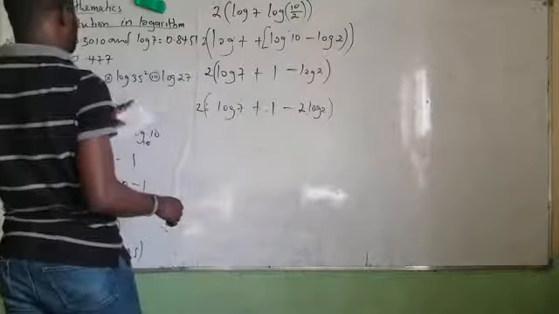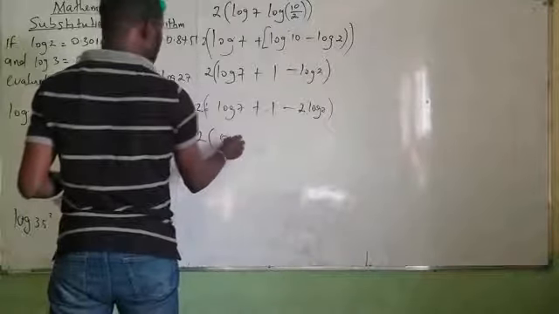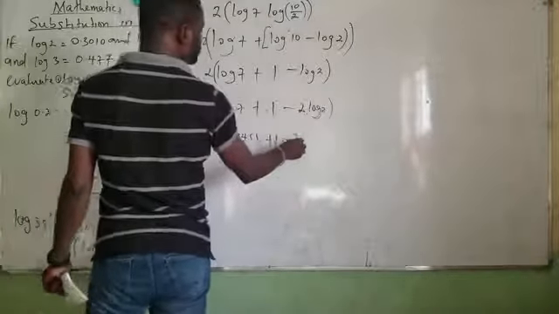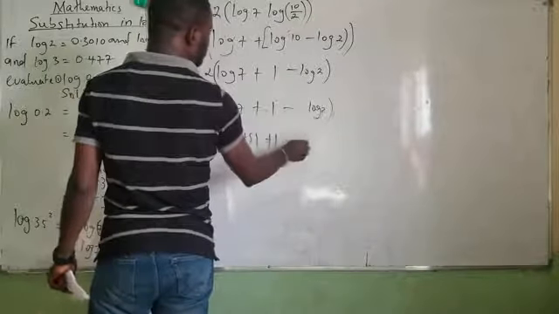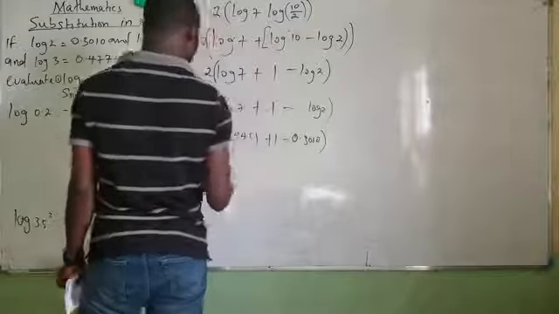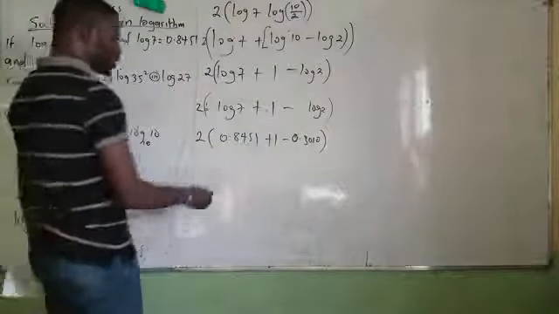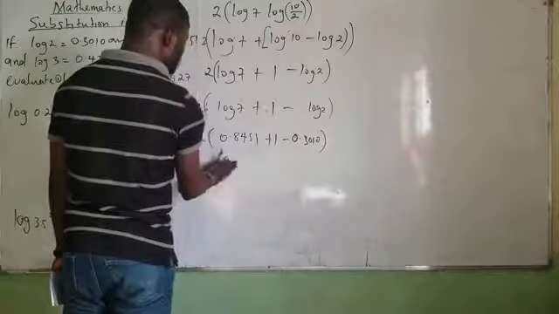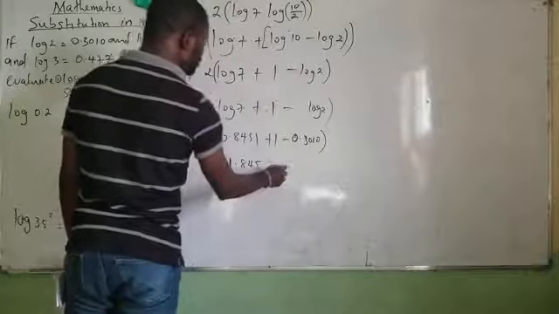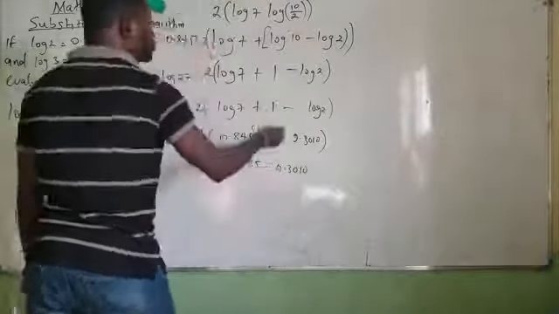Log 7 is 0.8451, so I have 2 bracket of 0.8451 plus 1 minus log 2, which is 0.3010. Now, when you want to have something like this, if a calculator is not with you, don't stress yourself. Do it the same way.